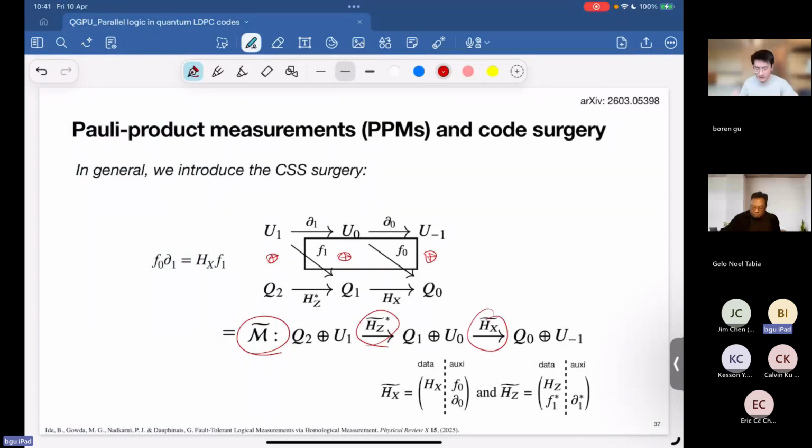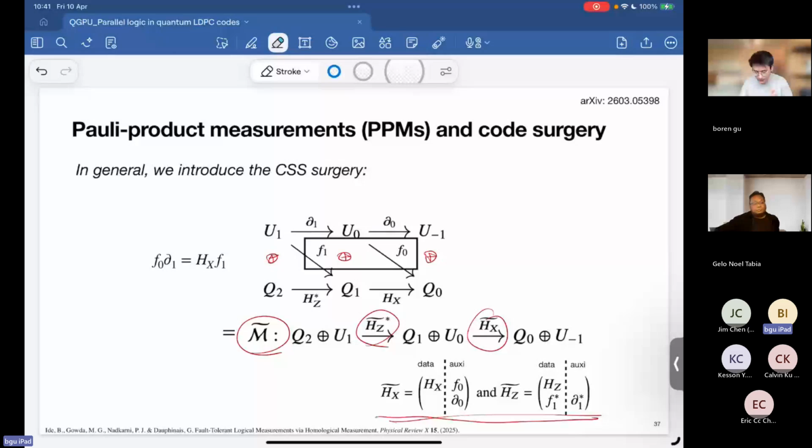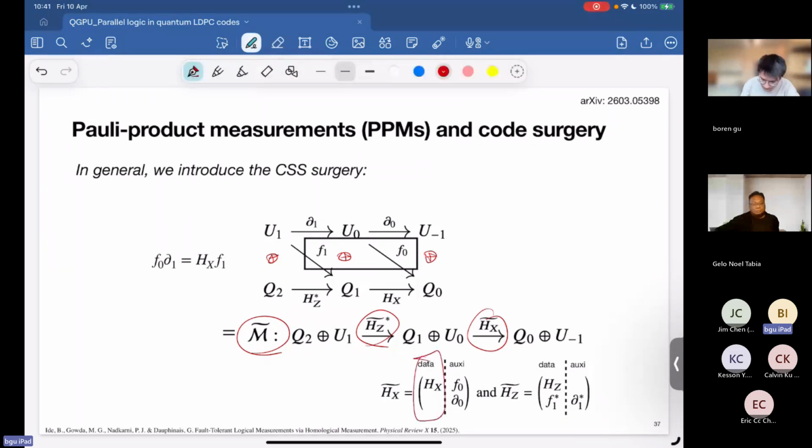They are CSS codes, and we are able to decompose them into the original part of the data patch and the part which corresponds to the auxiliary qubits. As you know, the columns of the parity-check matrix represent the qubits. So the first half represents the data qubits, which is this vector space, and the second half represents the auxiliary qubits, which is this U0.